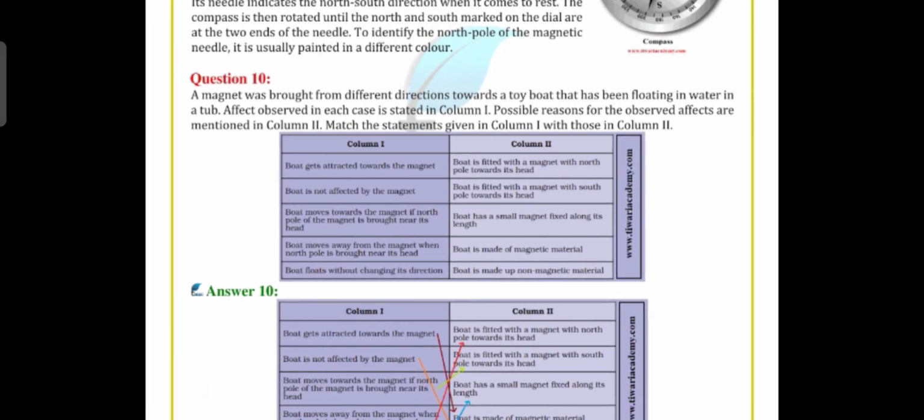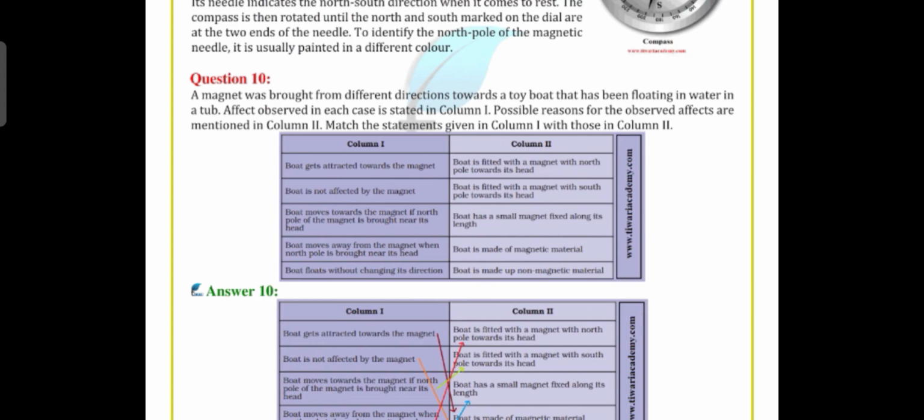Now we can move to the last question, the 10th question. A magnet was brought from different directions towards a toy boat that has been floating in water in a tub. The effect observed in each case is stated in column 1. Possible reasons for the observed effects are mentioned in column 2.